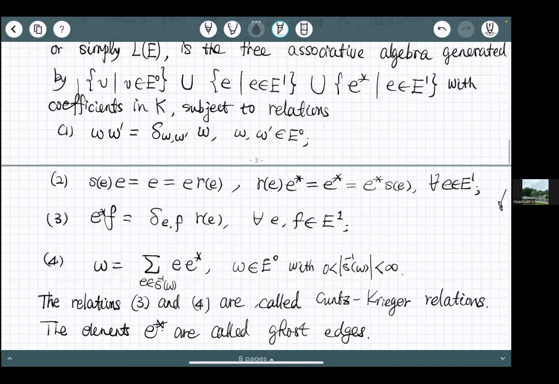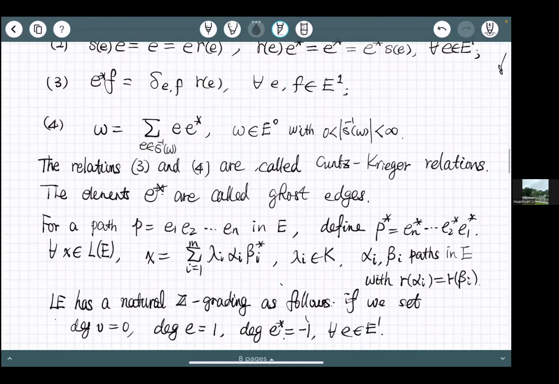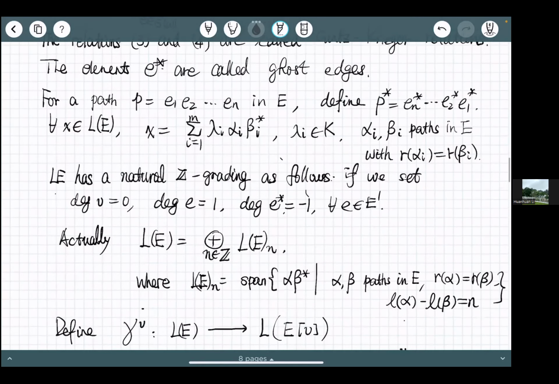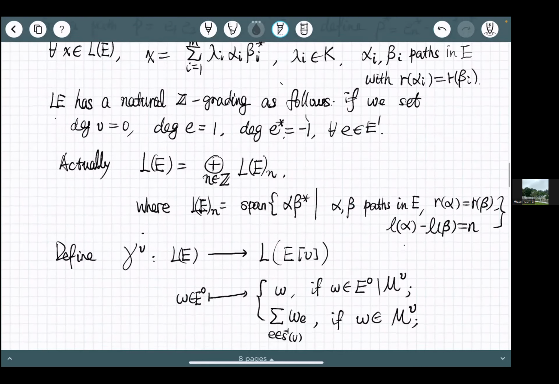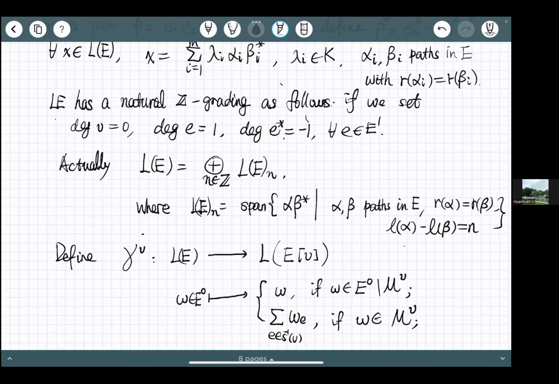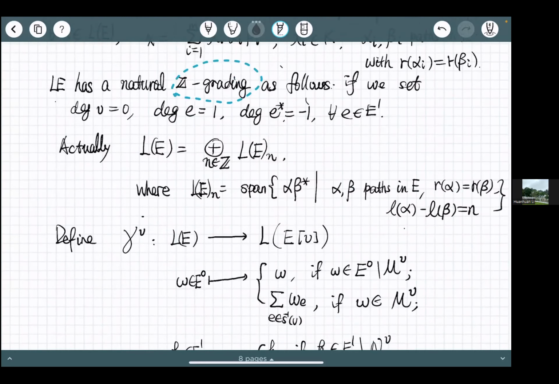So I just want to mention, for this situation, I consider the regrading for Leavitt path algebras. For regrading, we use the length of a path.